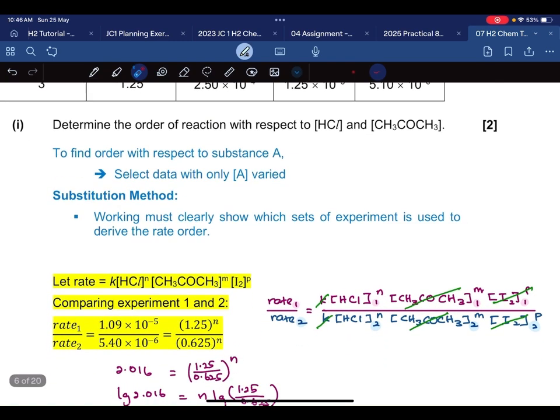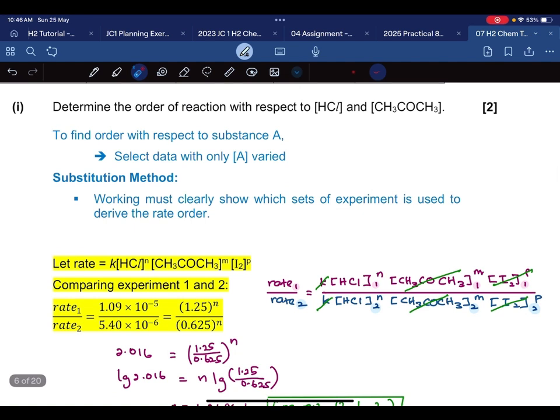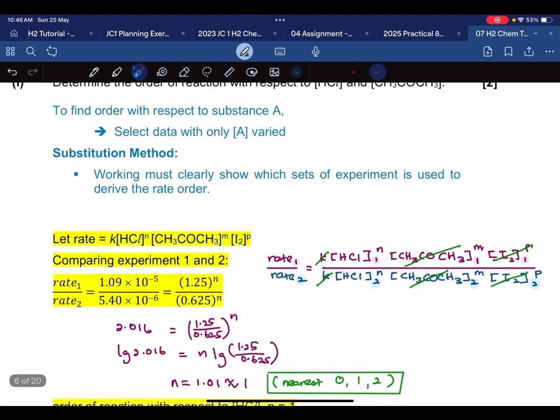To solve for n, simply make use of the laws of logarithm. We can simplify and then take log on both sides and be able to solve for n. Do take note that n must be rounded off to the nearest 0, 1, or 2.